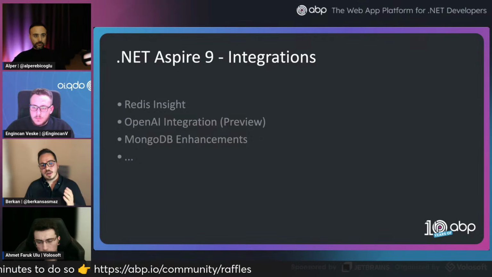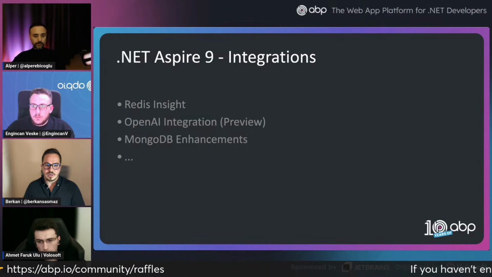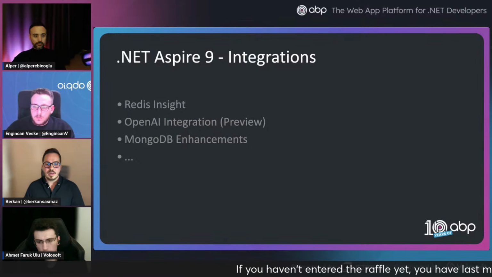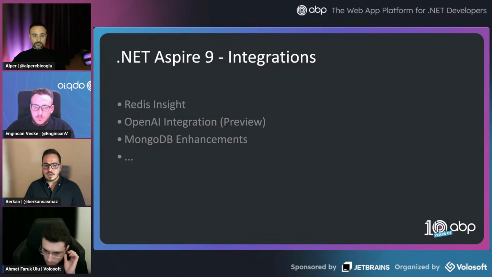Moving on, you can now specify MongoDB usernames and passwords directly when adding MongoDB resources. If credentials are not provided, Aspire generates them automatically for enhanced security. These integrations highlight Aspire's ongoing commitment to empowering developers with tools that simplify and enhance their workflows.